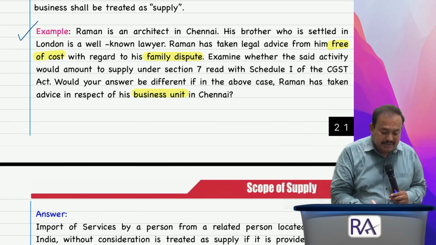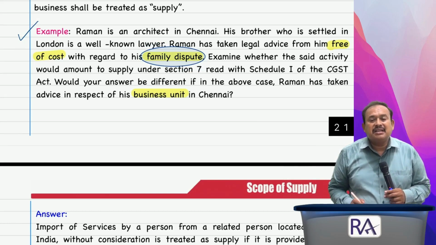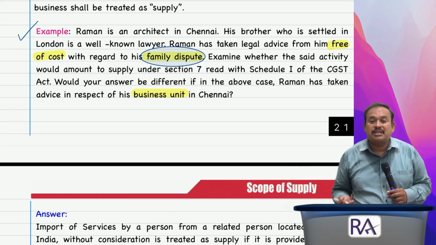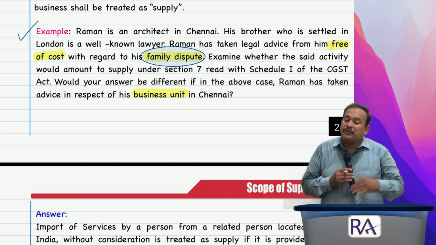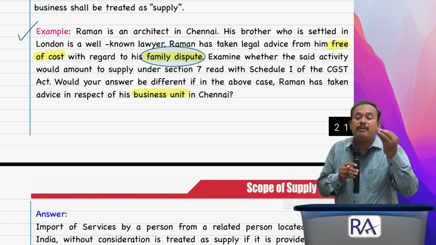Family dispute is of a personal nature, correct? Therefore, the import of services is not in the course or furtherance of business. Hence, the first leg of this question's answer is not liable to GST.